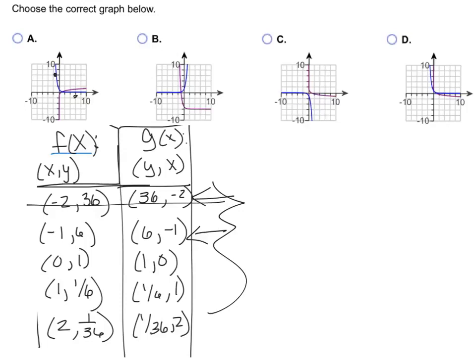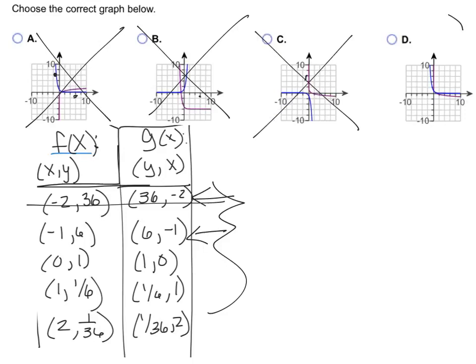And that value is not on the graph, so I know choice A is not correct. The same with graph B. 6, -1 is not on that graph, so B is not correct. Now with C, -1, 6 is not on the graph, so I know that that is not correct. So choice D is going to be my answer.